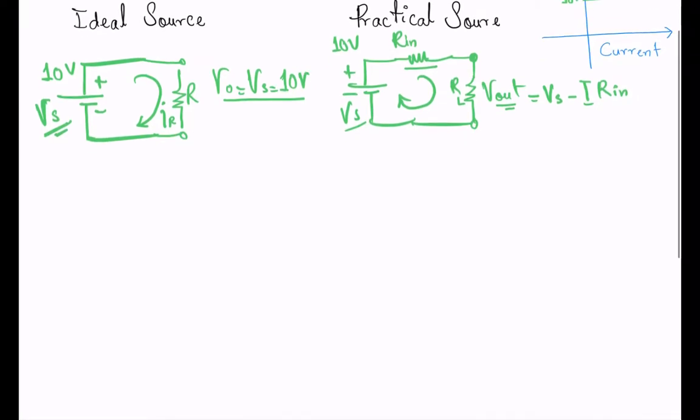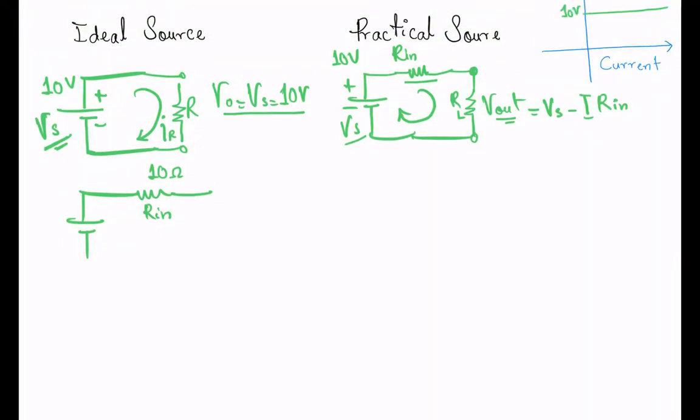Say I have a circuit where the resistance is 10 ohms. That's the internal resistance of the source. Again, remember we are considering the practical scenario. I have a 10 volt power supply hooked up to this load, and this load has a resistance of 990 ohms.